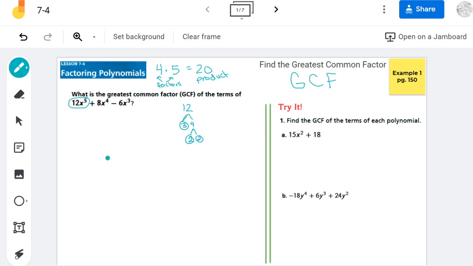Once I finally get to some kind of prime number, that's where I circle it. So 12 is the same thing as 3 times 2 times 2, and then I have x to the 5th, so I'm going to write 5 x's being multiplied here. So that is 12x to the 5th. Oh, I probably should have left myself more room. I'm going to move my factor tree down here.